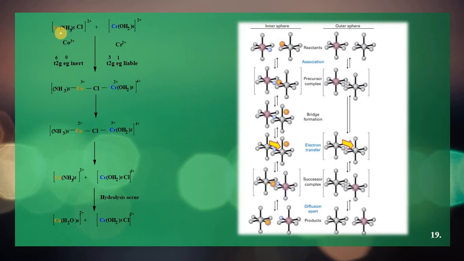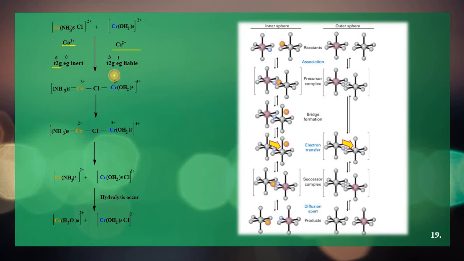This is my example. Our target is just to move the Cl. This is the Co, this is the Cr, and we can see these complexes tend to come together. This is the cobalt oxidation state, and Cr2 plus is the chromium oxidation number.